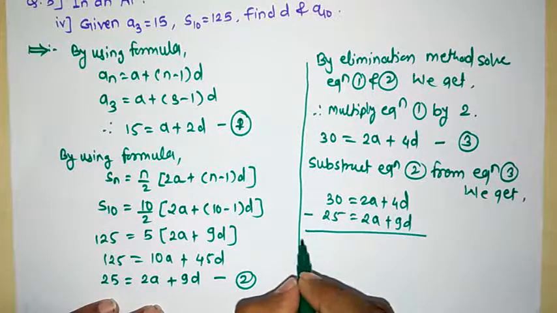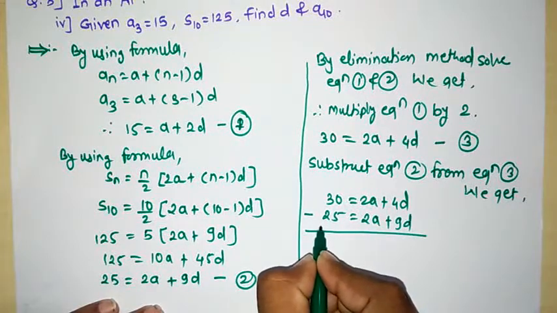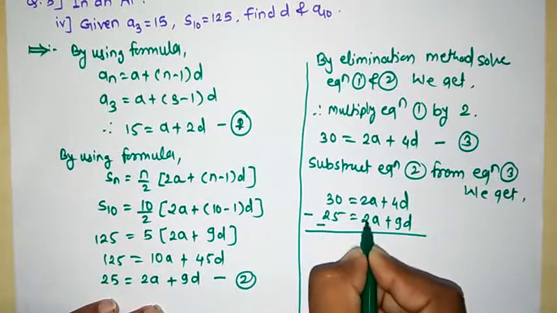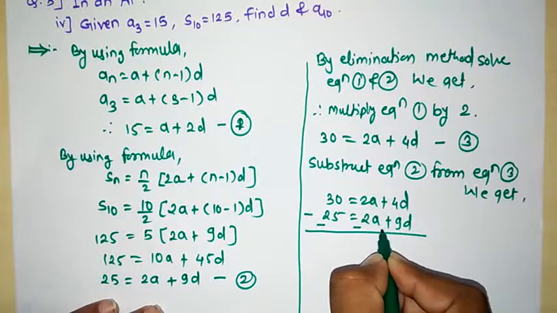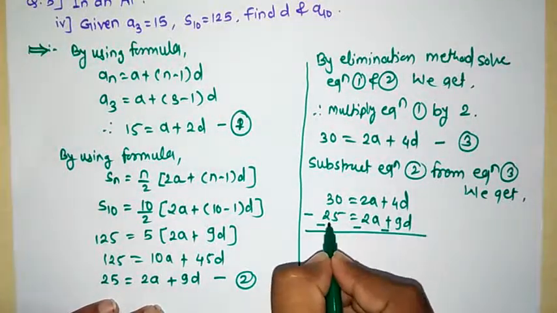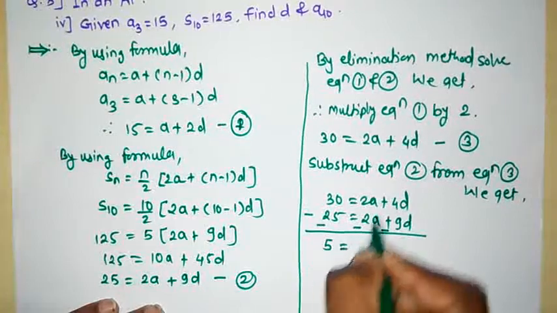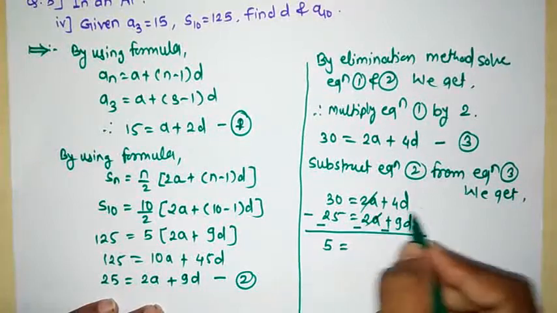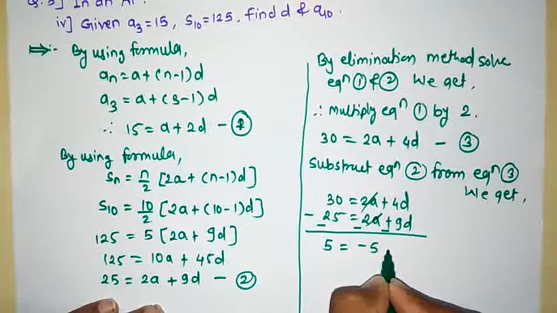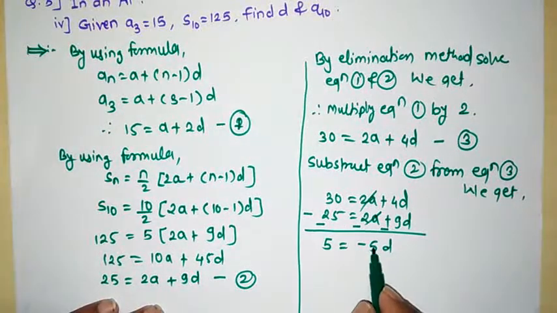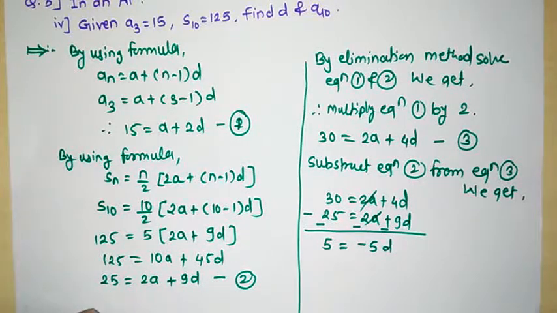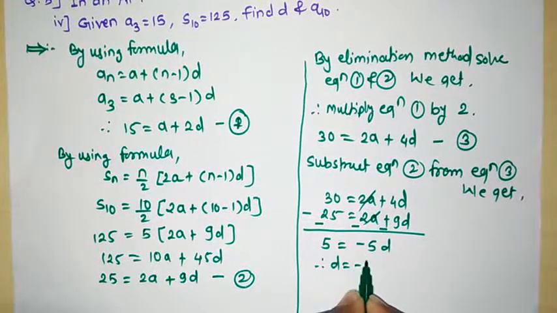While subtracting, we have to change the signs of the below terms. That is, this is a plus, it will become minus. It is a plus, it will become minus. It is also a plus, it will become minus. 30 minus 25, it will come 5. 2a minus 2a gets cancelled. 4d minus 9d is equal to minus 5d. Now, send this minus 5 towards the left hand side. It will go to the denominator. Therefore, 5 divided by minus 5 is equal to minus 1. Therefore, we get here d is equal to minus 1.